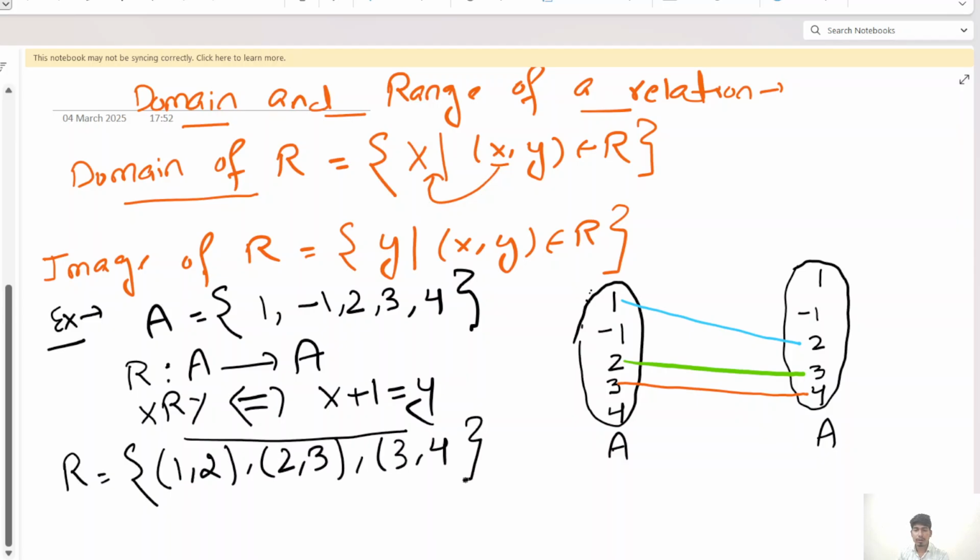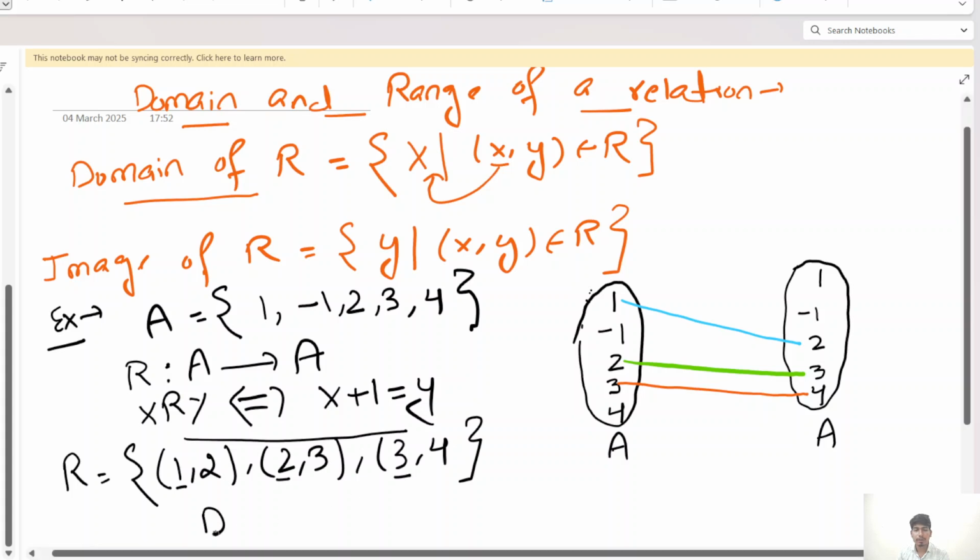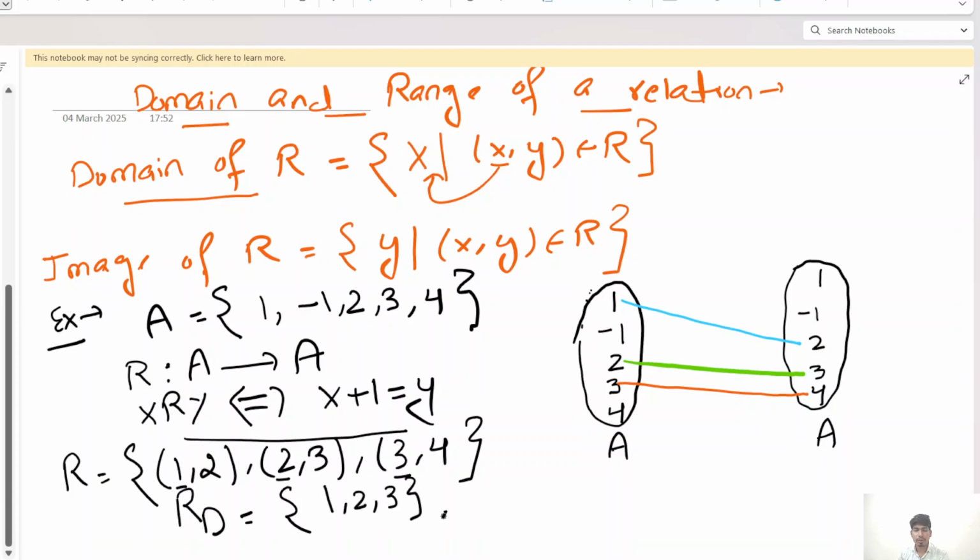The elements 1, 2, 3 go into the domain set, so the domain is {1, 2, 3}, and the image set is {2, 3, 4}.